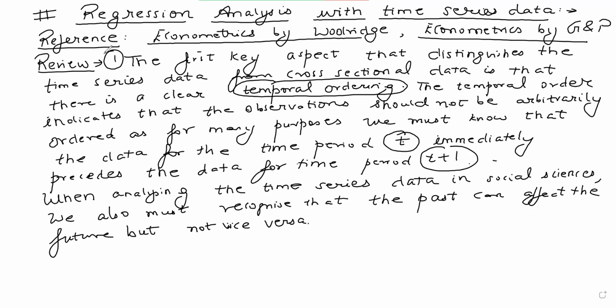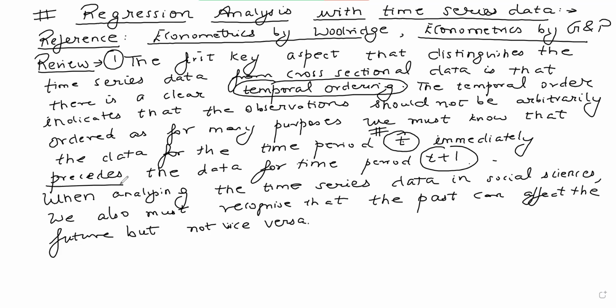That means the data is ordered with respect to time. In the cross-sectional data, we were listing the data at a point of time. In the time series data, the data for time period, let's say hypothetically period t, will precede the data for time period t plus 1.